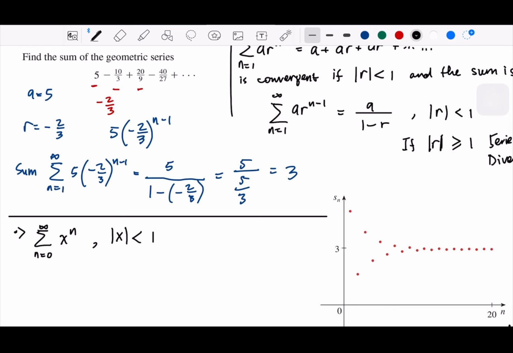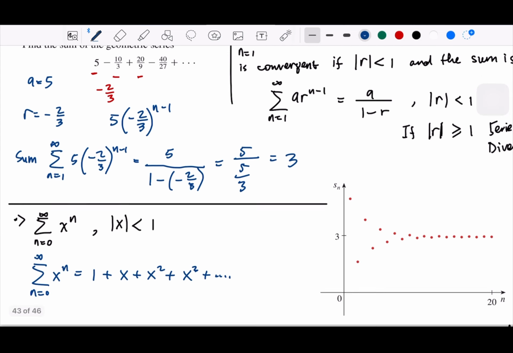If we take the terms one by one, we take 1 plus x plus x squared plus x cubed plus dot dot dot, right? You see the ratio itself is x. Okay, so this is geometric, with a is 1 and r is x.